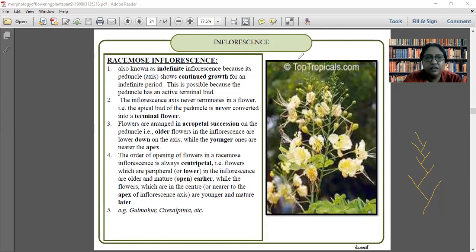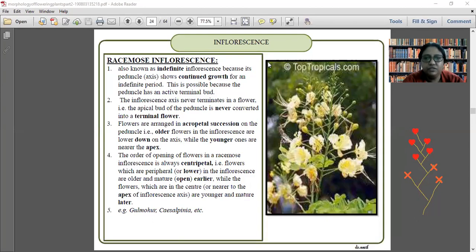That means you will have buds at these positions, and the open flowers will be present at the lower part. So this is what is called centripetal arrangement. That is all about racemose.